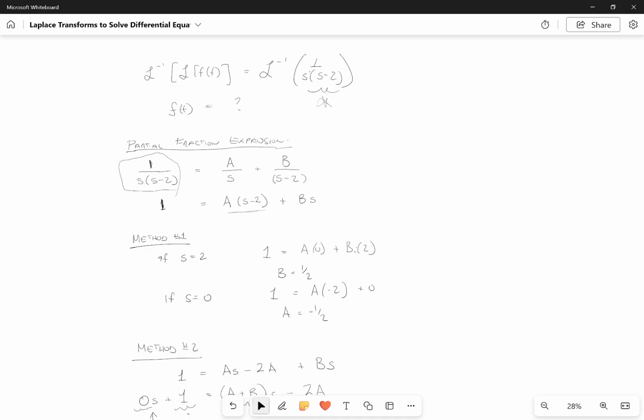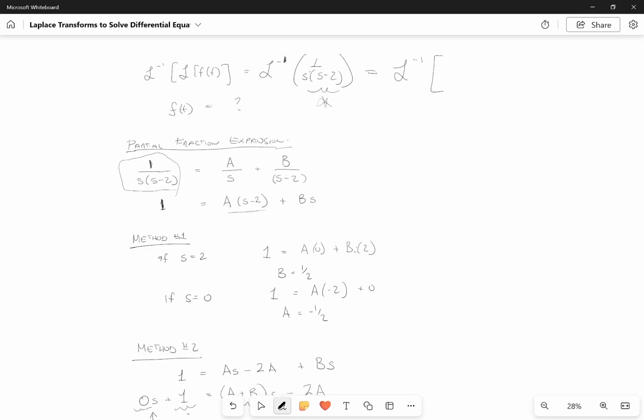We said that 1 over this term right here is this term that we're looking at. Let me go back in. We want to know what is the inverse Laplace transform of 1 over s times s minus 2. Well, that is Laplace inverse of, what do we have? We have A over s.